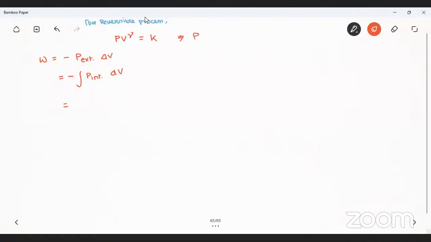P as K by V to the power gamma. So, K by V to the power gamma into dV, from volume 1 to volume 2. K is a constant, K will come out.